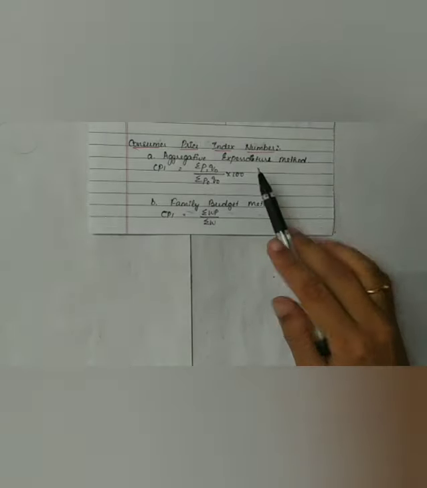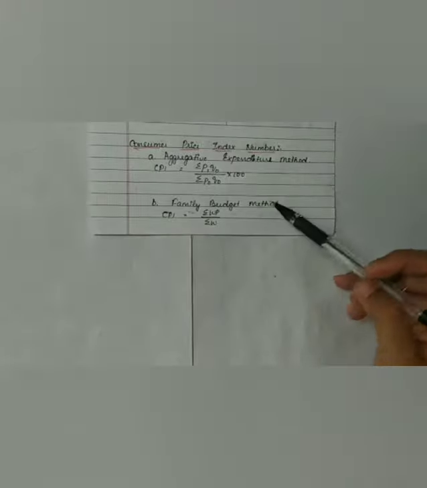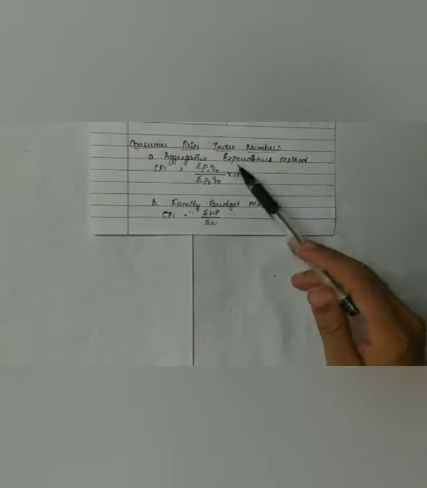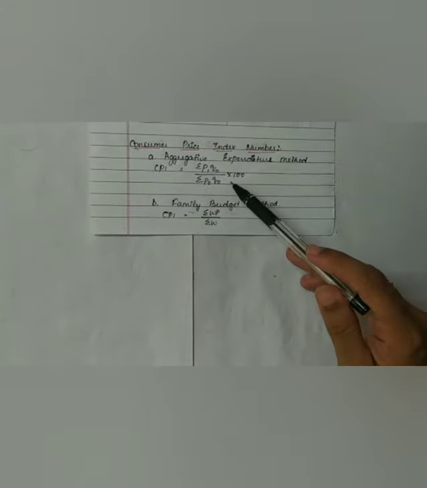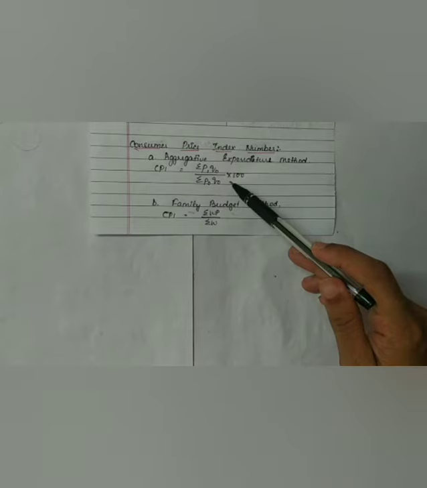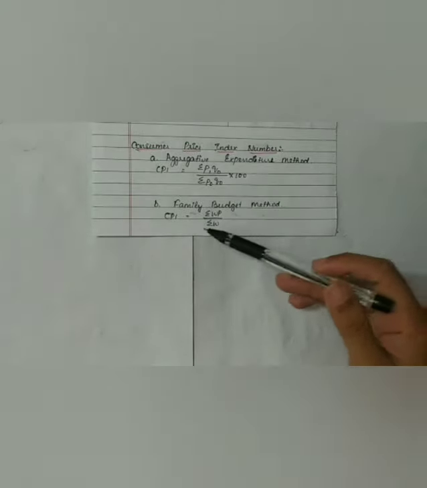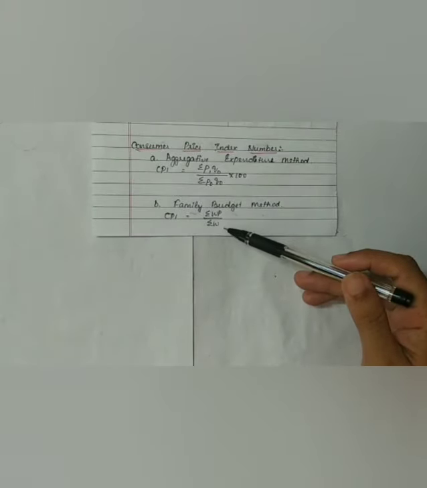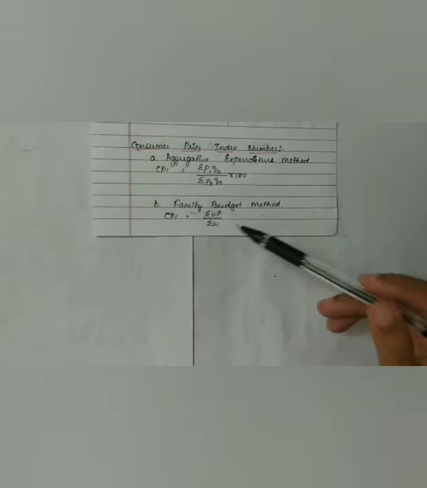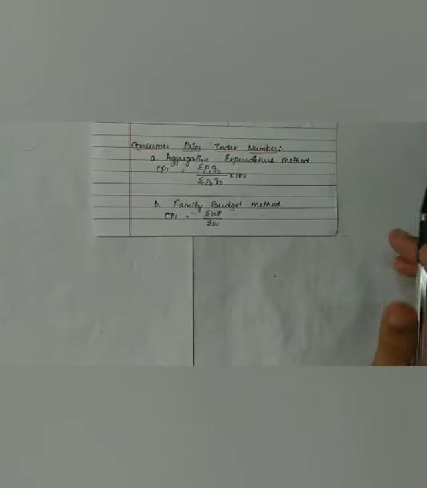So the next topic is consumer price index number. Here aggregative expenditure method and family budget methods are there. Aggregative expenditure method, this formula is similar to Laspeyres, last price index number, and when it comes to family budget method, this is just the formula of arithmetic mean of weighted average of relatives. Now let's go for the next one.